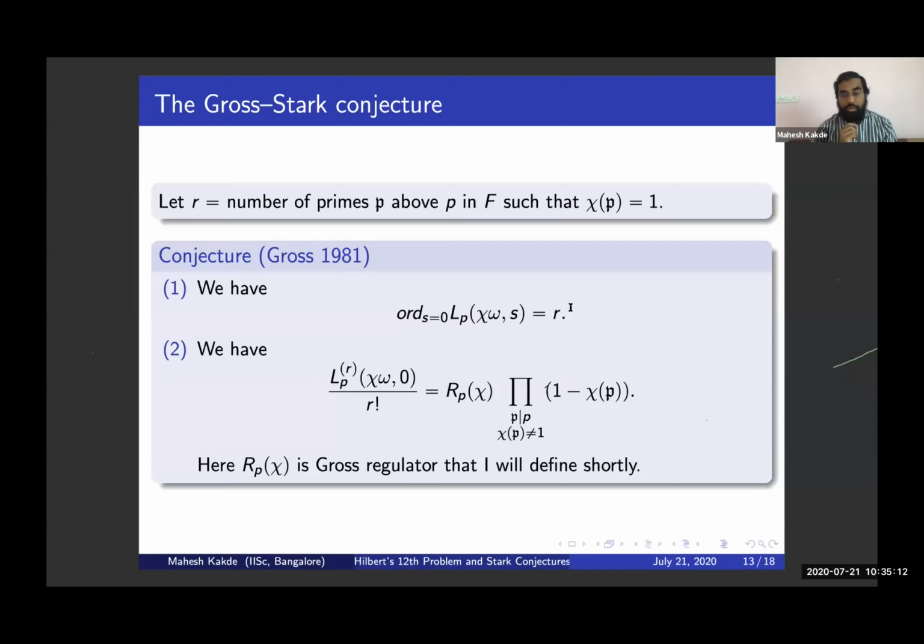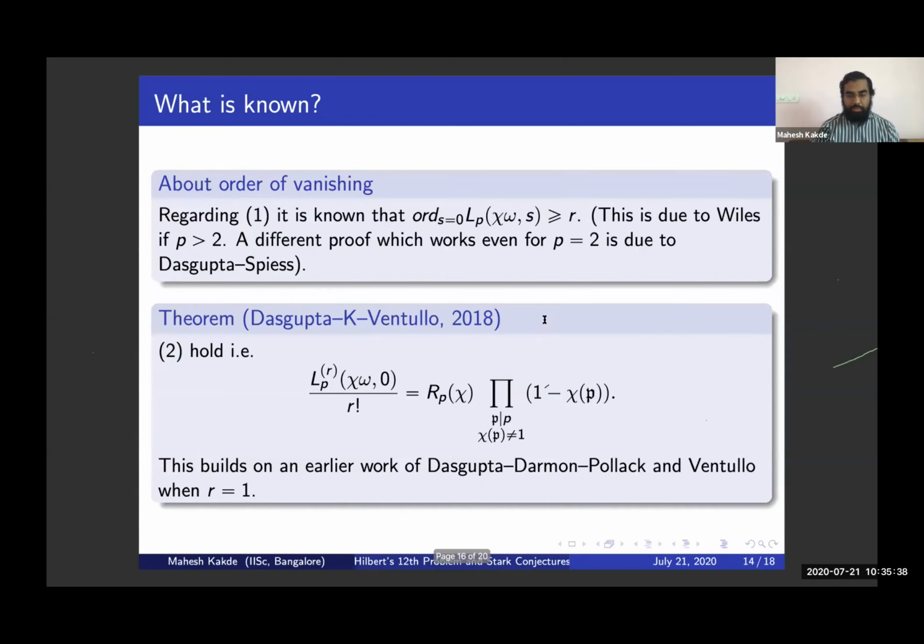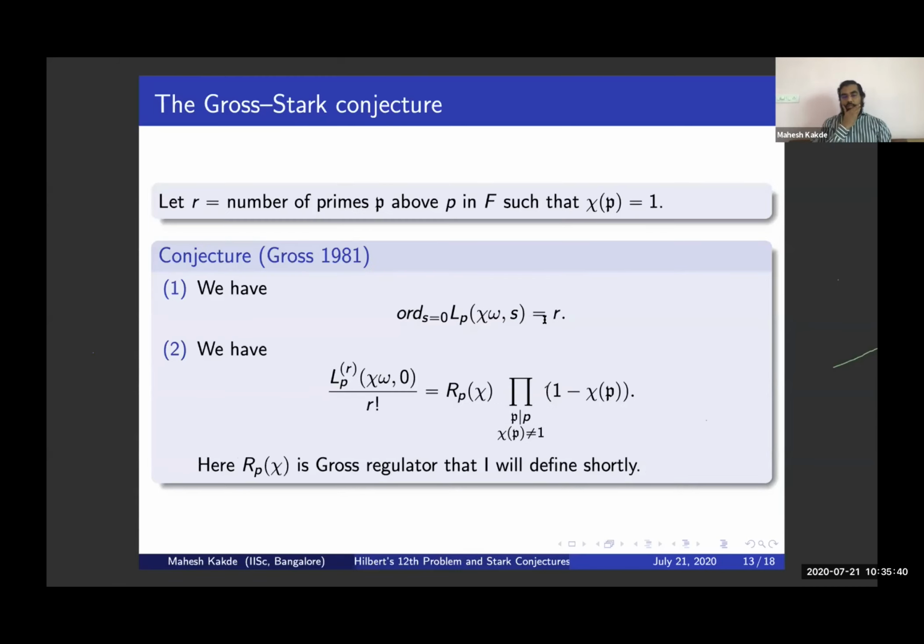So Gross conjectured that the order of vanishing of this p-adic L function at 0 is precisely r, the number of primes such that chi of P is 1. So this part 1 is completely open. We know that this order is greater than or equal to r, as I'll say on the next page. Let me come to that a little later.